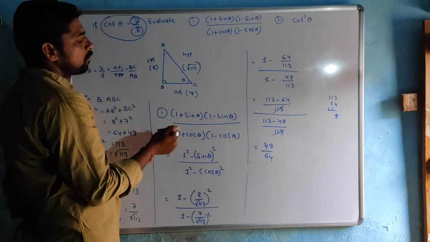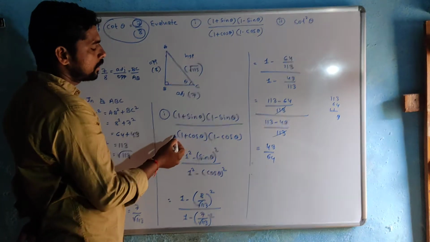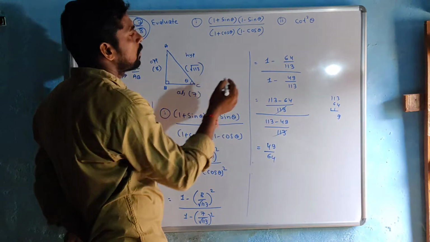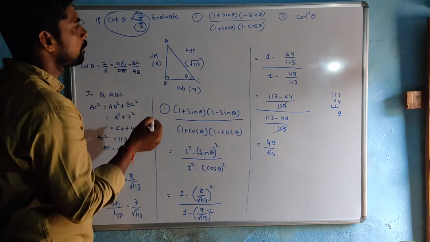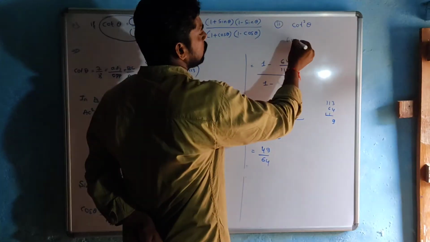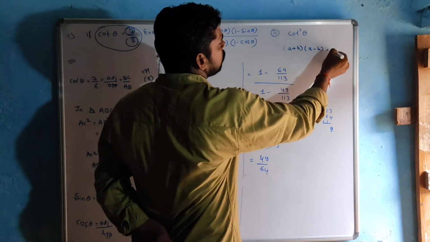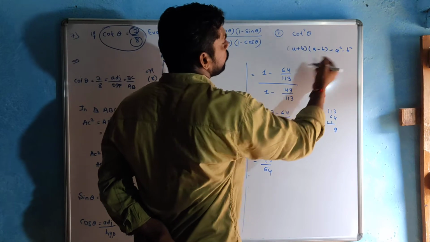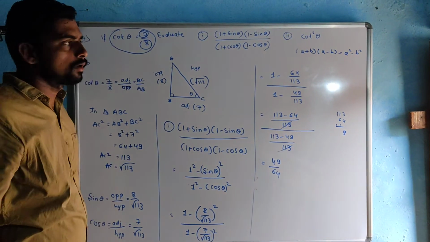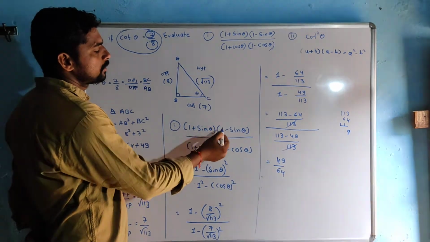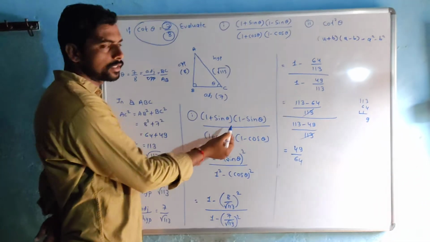First question, (1 plus sin theta) into (1 minus sin theta), divided by (1 plus cos theta) into (1 minus cos theta). This is in the form of (A plus B) into (A minus B). Already you know the algebraic formula, (A plus B) into (A minus B) is equal to A square minus B square. This is A, this is B, this is A, this is B. 1 plus is there, 1 minus is there.